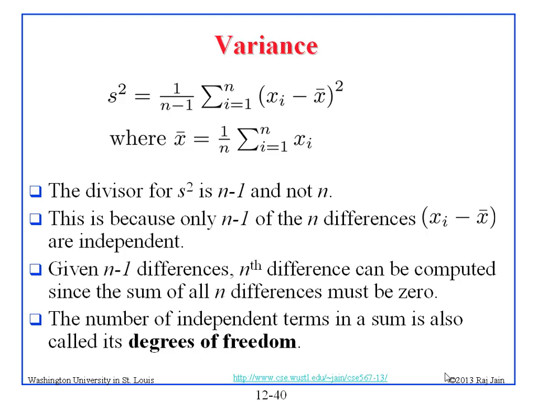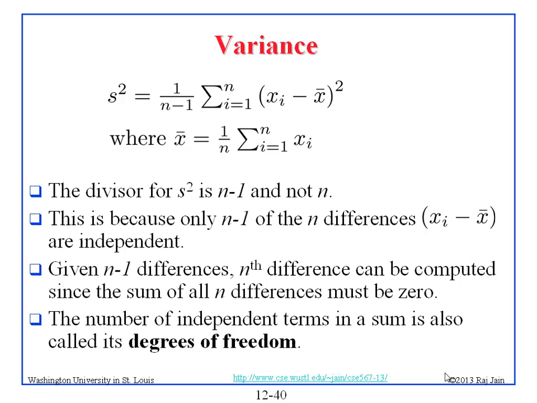the thing is that in statistics, when we talk about the population, we use the Greek letters: mu, sigma, alpha. When we talk about the sample, we use English letters, S, and so on and so forth. So sample variance is S squared.